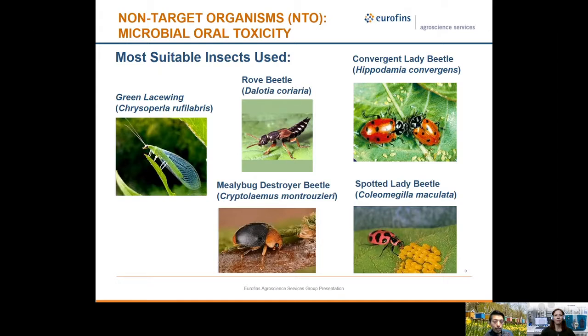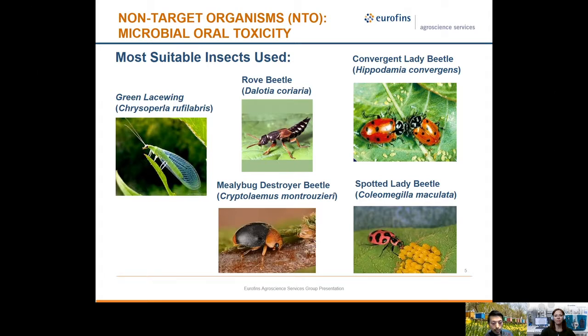And for the microbial oral toxicity tests, here I show visually some of the organisms that are suitable for these tests. On the far left, you see the green lacewings, and those will fulfill again the predaceous neuropteran ecological category. And lacewings are available year round, and we can conduct tests with them throughout the year.